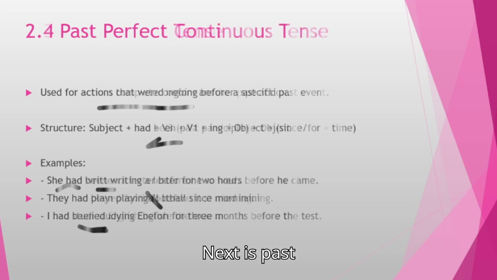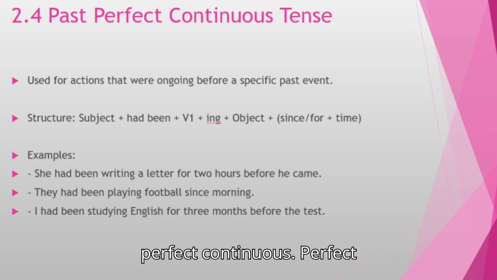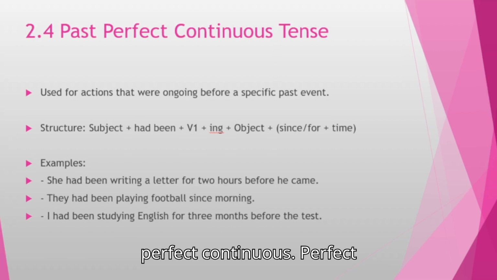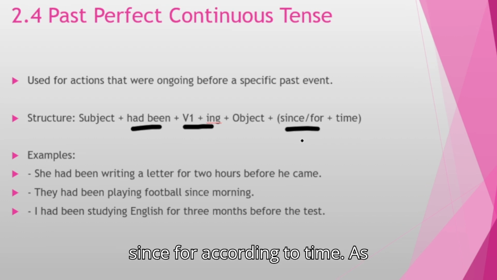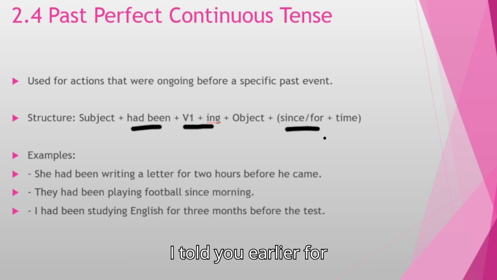Next is past perfect continuous. Perfect continuous, that means the actions that were ongoing at a specific past event of time. So we will use here subject plus had been plus verb's first form plus ing and object, and since, for according to time, as I told you earlier.